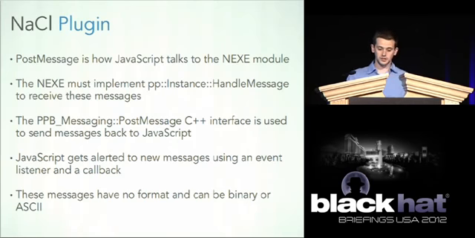One of those interfaces is PP instance handle message, and it needs that to be able to receive messages from JavaScript. And then, of course, it wants to send messages to JavaScript. It has to implement this interface, PPB messaging post message. And in JavaScript, the way this works is you basically just set an event handler on your post message handle. And anytime data gets received on that interface, it's just going to call one of your JavaScript functions that you supplied it when you set up that event callback.